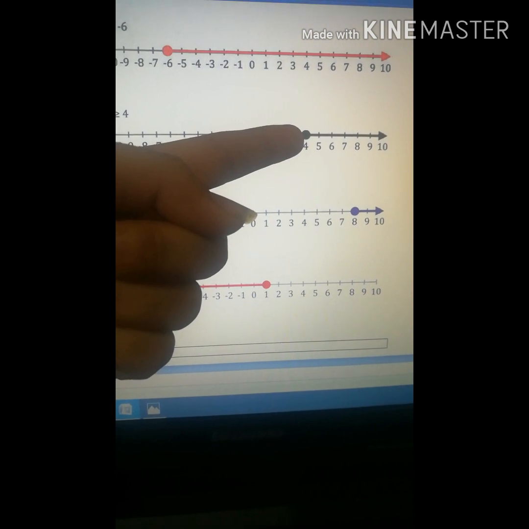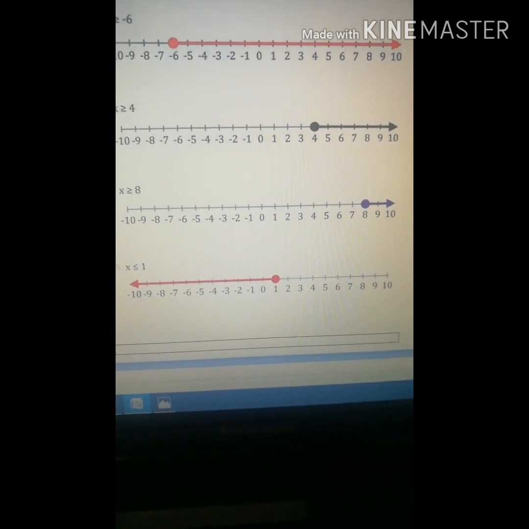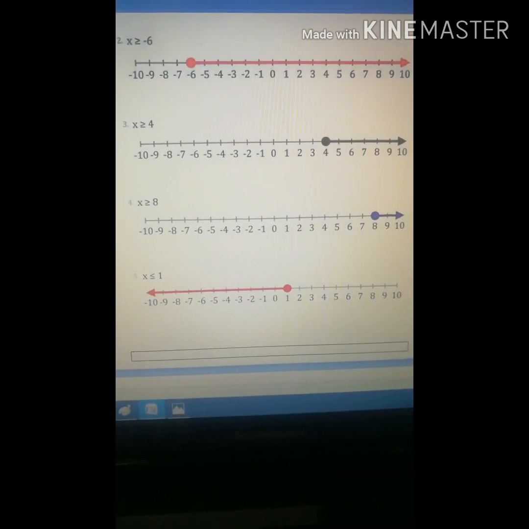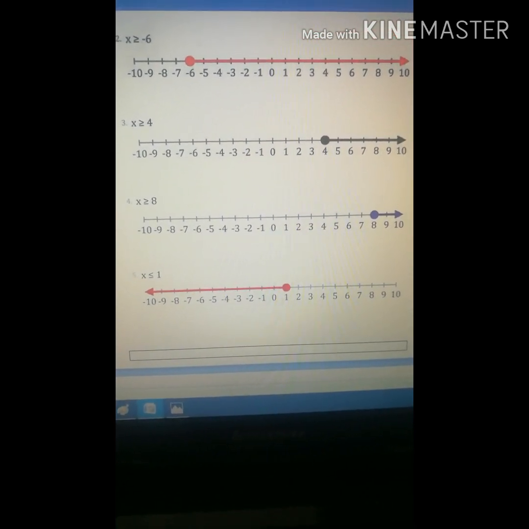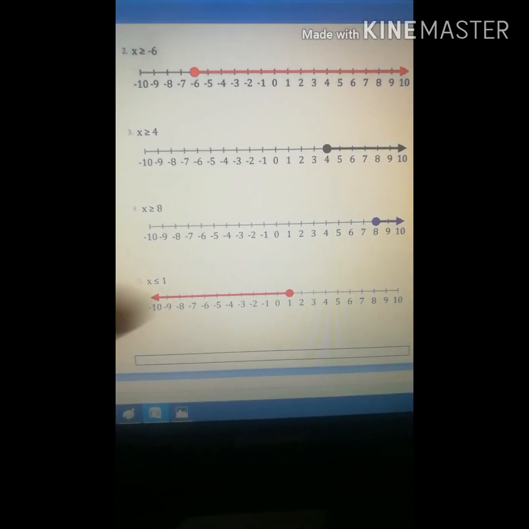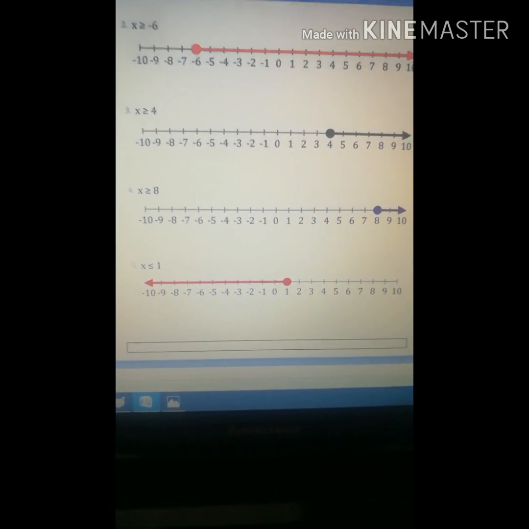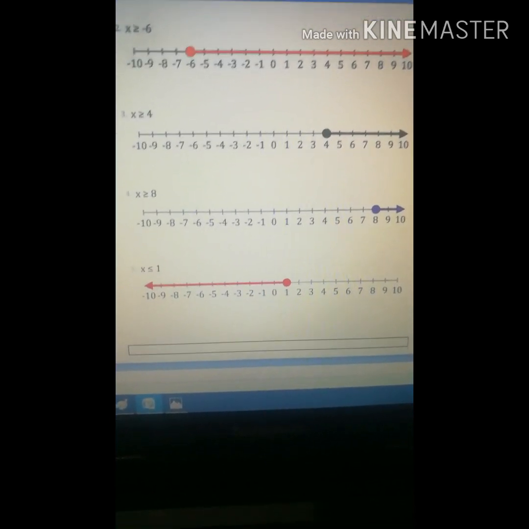This is a closed circle because we have equality here, and 4 is included in the solution set. So x is more than or equal to 4, so it's going to be 4, 5, 6, 7, 8, 9, and 10. If I pick 8 as an example, 8 is more than or equal to 4, so my solution is correct.